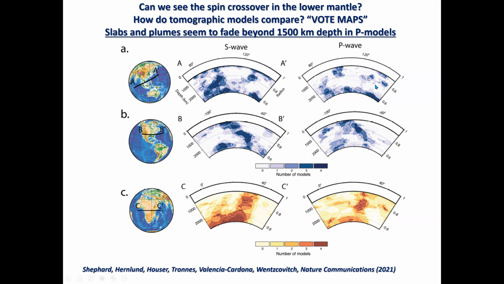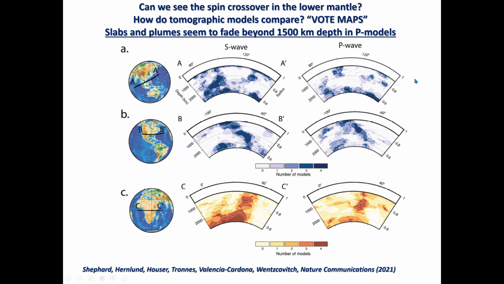And here you see the vote maps for S-wave, fast regions and slow regions: Izanagi, Farallon, and the African large low shear velocity province. And this is how they appear in P-wave models.